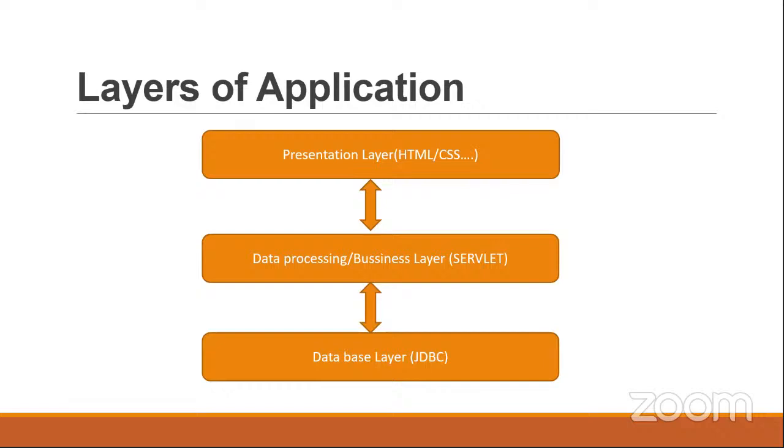To create the presentation layer, we can use front-end technologies such as HTML, CSS, JavaScript, etc. We have many more like JSP, JSF, etc. But in our sessions, we are going to learn the basic concepts of presentation layer technologies. Those are HTML and CSS.